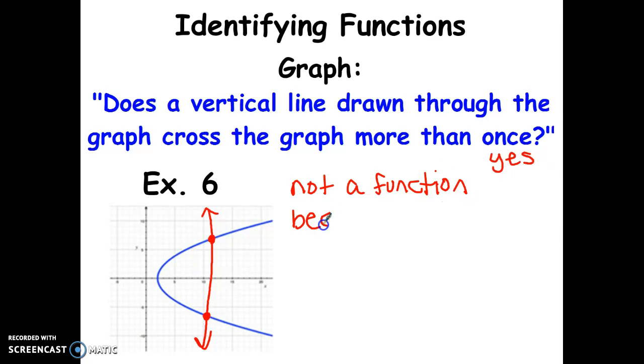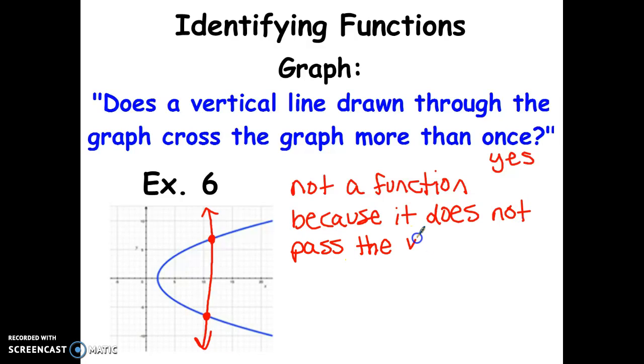And this is not a function because, we're not going to say each here. Actually, what we can say here is that it does not pass the vertical line test.